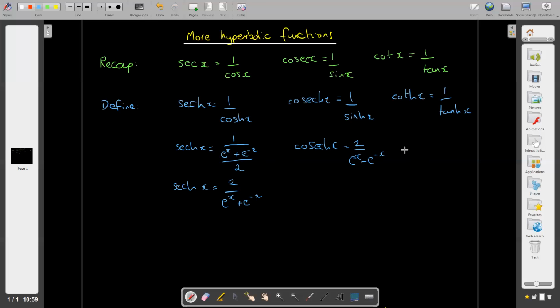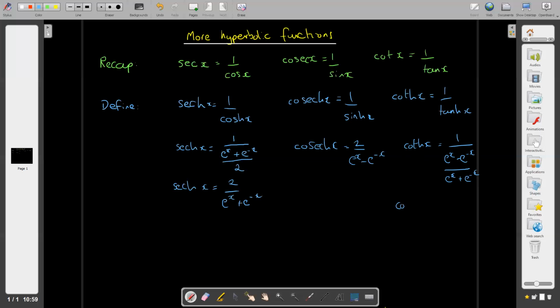And finally, coth x will be 1 over tanh x. So that would be 1 over e to the x minus e to the minus x over e to the x plus e to the minus x.